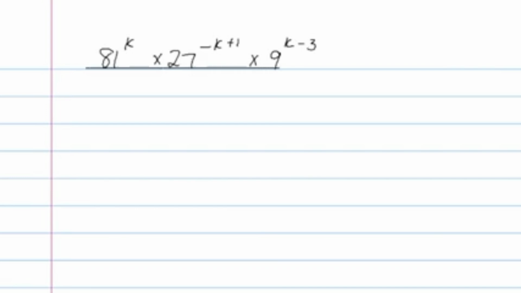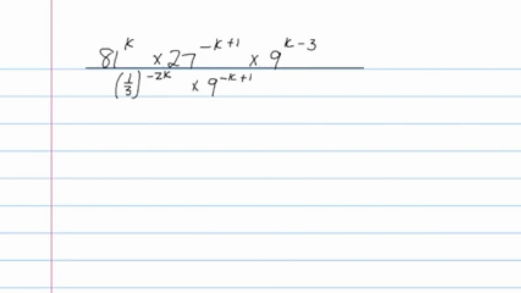That's our numerator, and then divided by, and then our denominator, we are having a bracket which is 1 over 3 to the power of negative 2k, which is multiplied by 9 to the power negative k plus 1.